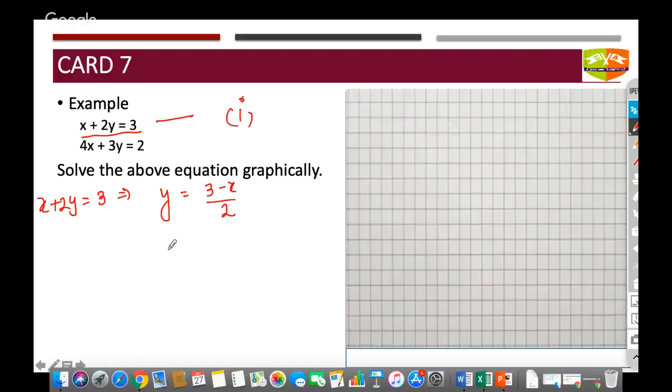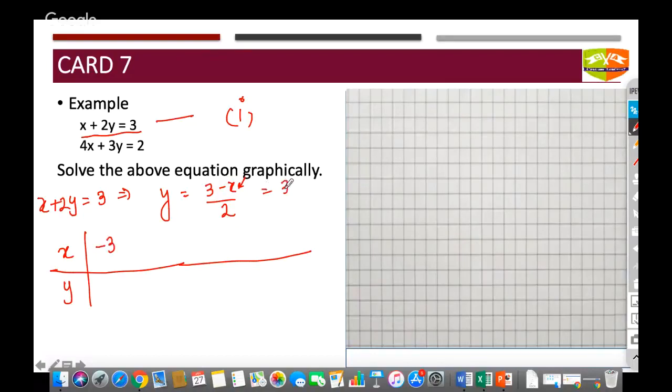So what I'll do is, I'll take a few values of x and find the corresponding values of y. I'll take x in such a manner that I don't get any decimal points here. So I start with a negative value. I take x is equal to minus 3.